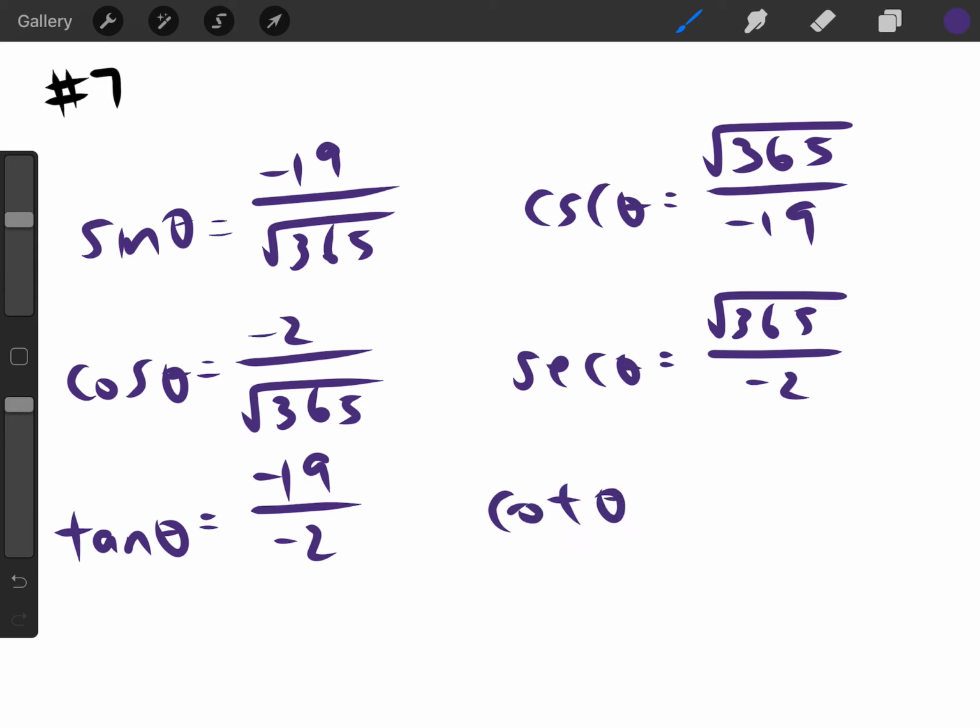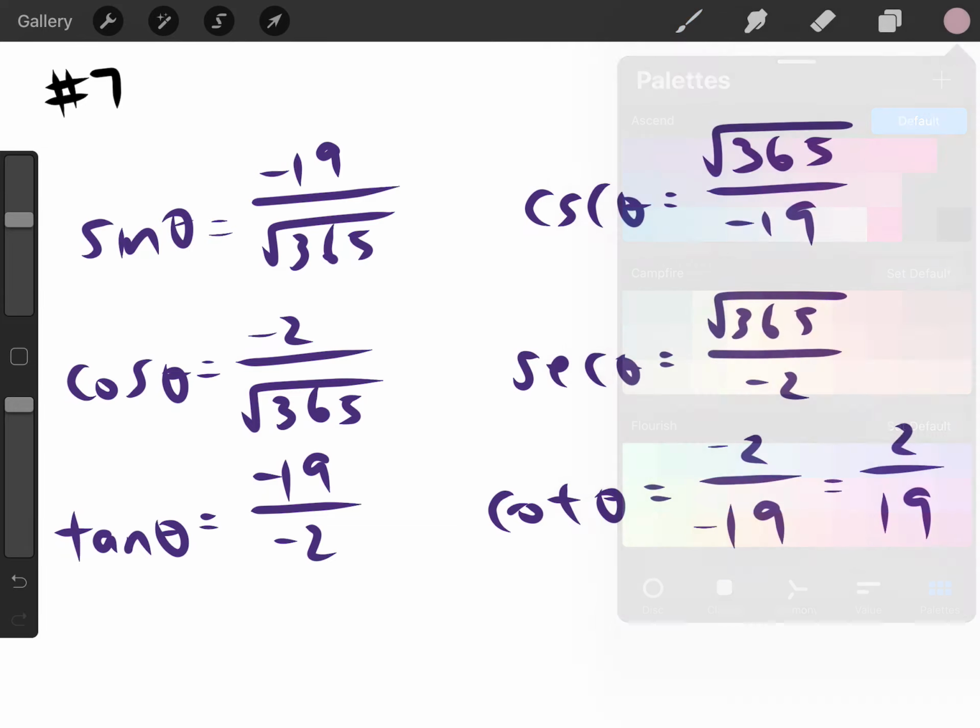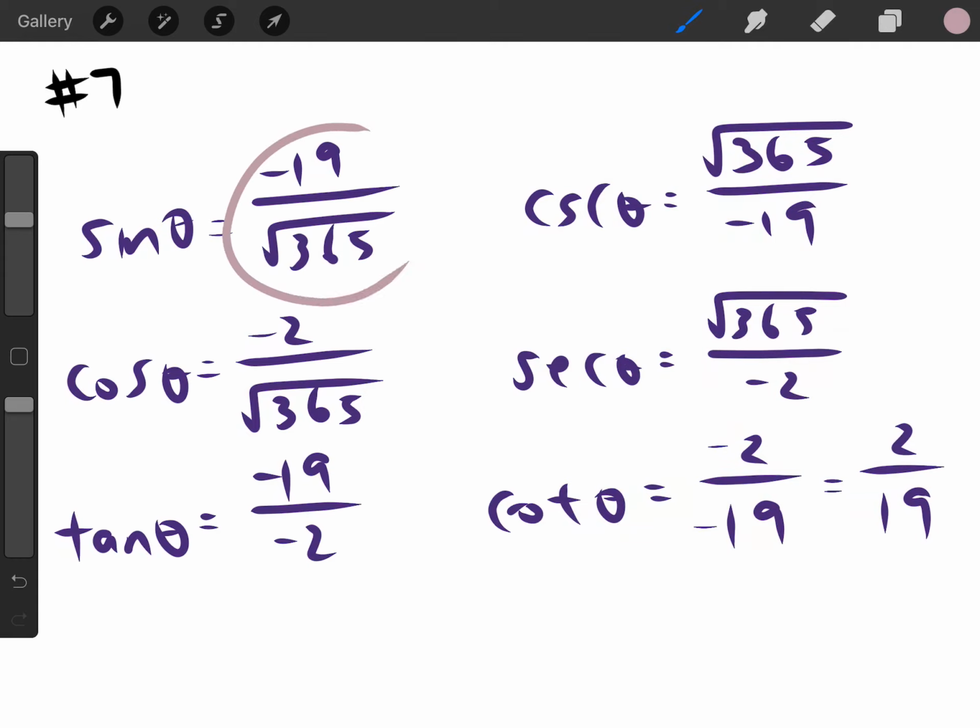Cotangent, it's going to be 2 over 19. It's negative, okay? You can make it into a positive. All right, so let's simplify some of the stuff. Actually, to be honest, it's not going to be that difficult. You just multiply by rad 365 over rad 365.